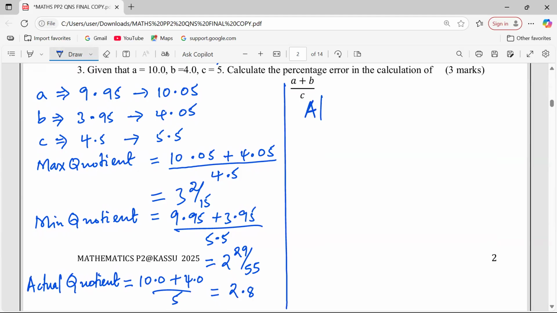So absolute error: maximum minus minimum over 2. 3 and 2 over 15 minus 2 and 29 over 55. Then I divide by 2. Let me work out that, ladies and gentlemen. Just slowly. You don't have to rush.